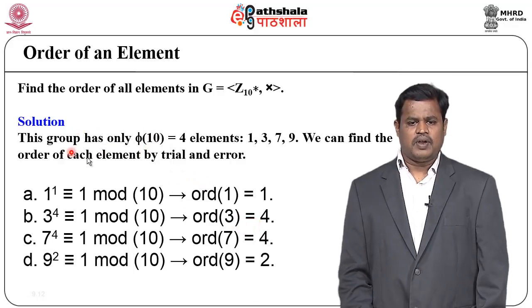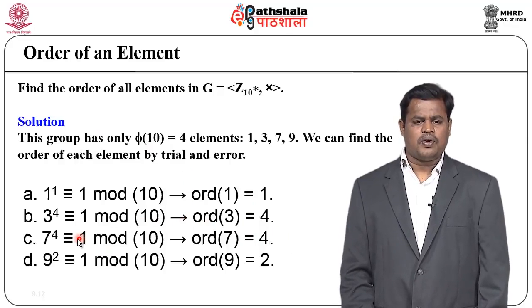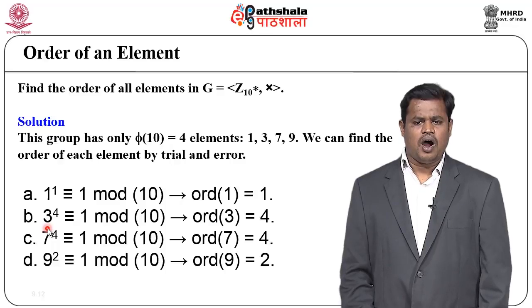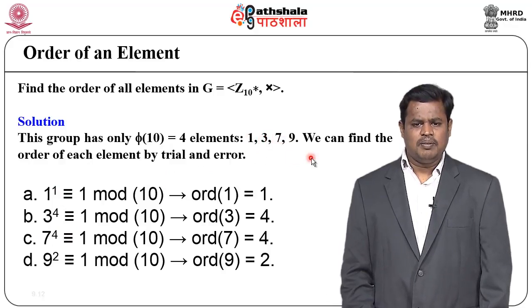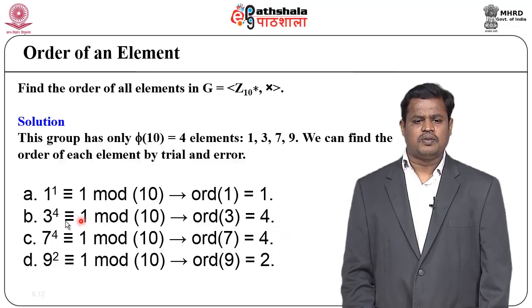So here, in this case, to find the primitive root according to the definition, I want to know the order of an element and also the order of the group. Here the order of the group is 4, and the elements are 1, 3, 7, 9. From these elements, whichever element has order equal to 4, I can say that element is a primitive root of the given group.